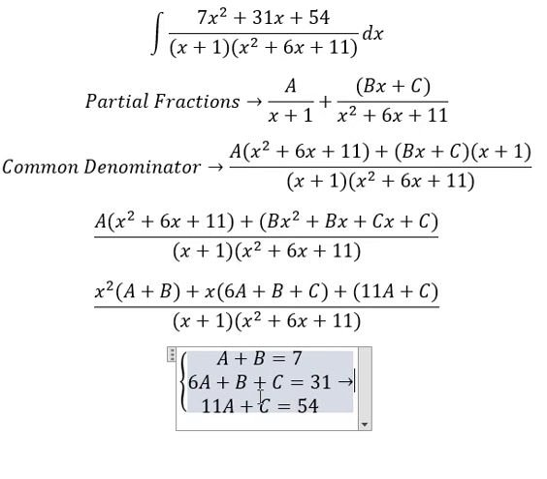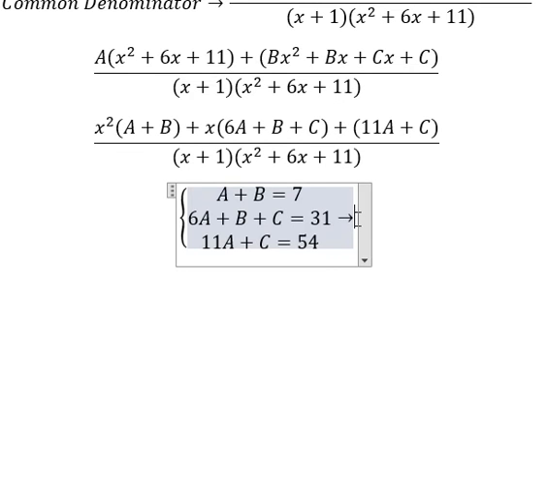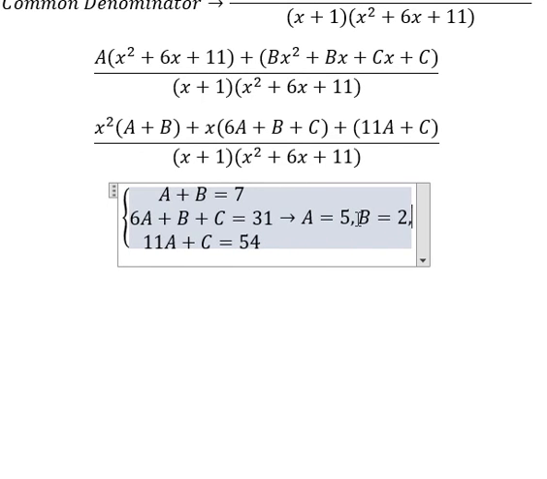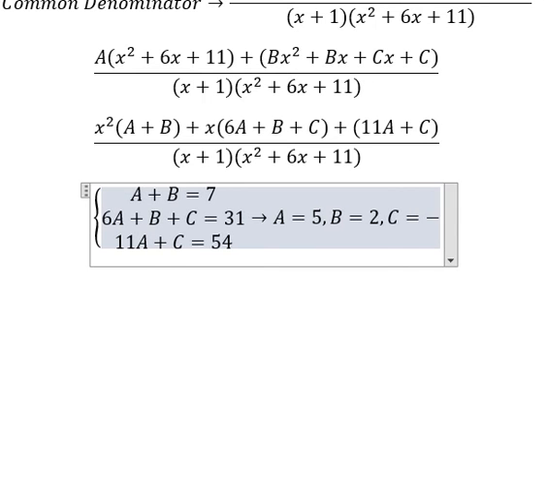And now we need to find the solutions of A, B, C. So A equals 5, B equals 2, C equals negative 1.